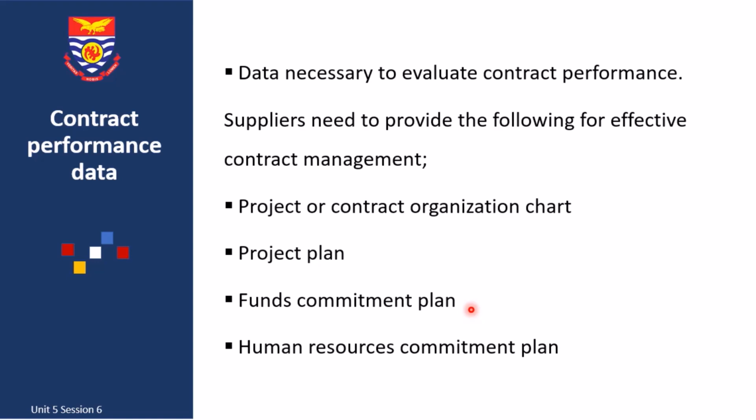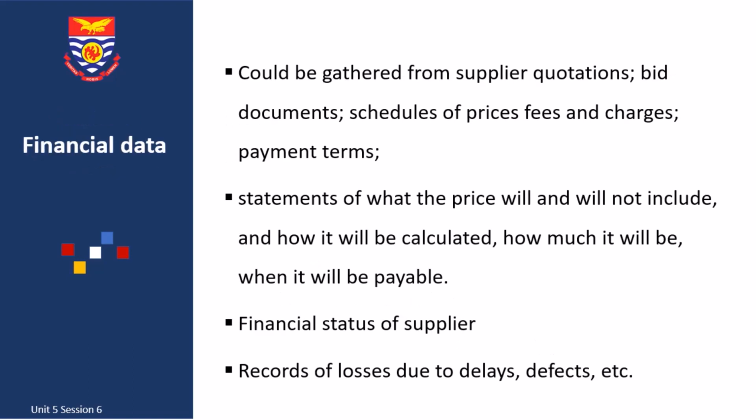And then a human resources commitment plan, which shows resource allocations in terms of the personnel that will be allocated to the contract execution. So we also have financial data, which is useful to be provided by the suppliers, and these data could be gathered from their quotations, bid documents, schedule of fees, price fees and charges, as well as payment terms.